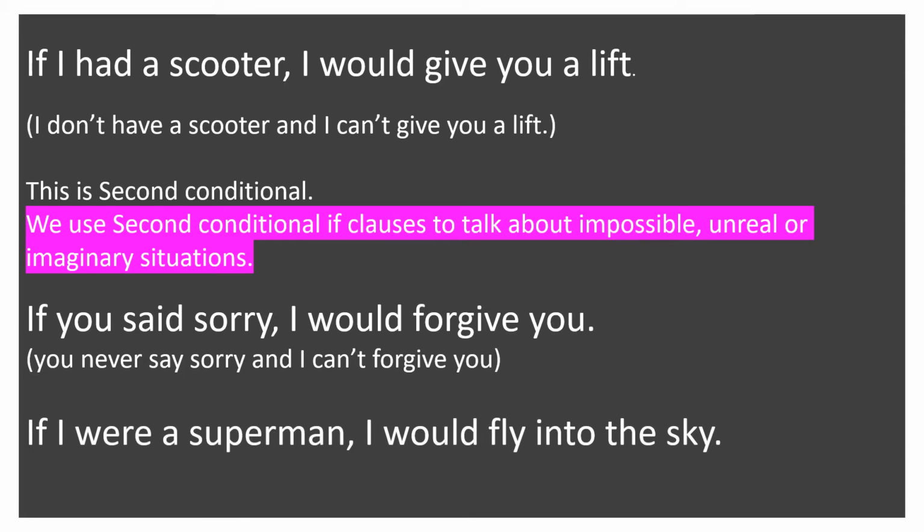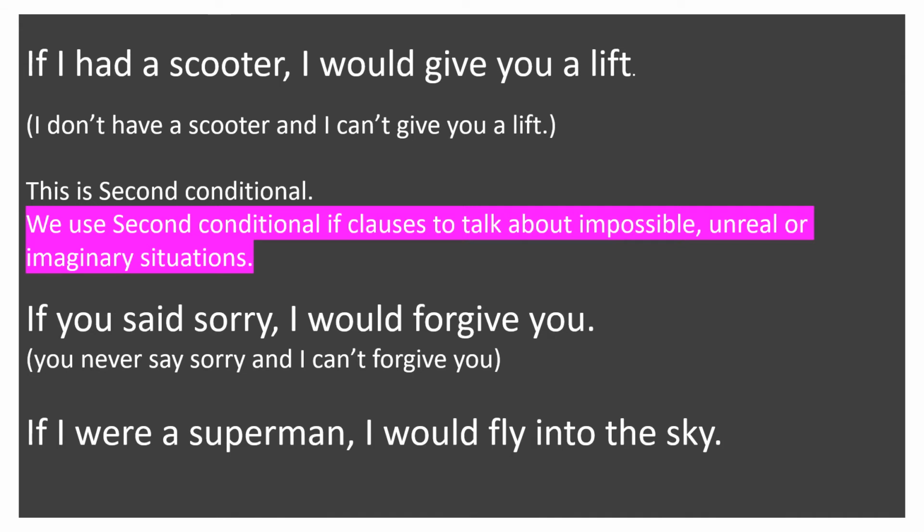If I were a superman, I would fly into the sky. Here, this is also an imaginary situation. Here the speaker is just expressing his wish to be a superman. If I were a superman, I would fly into the sky. Means I'm not a superman in reality and I'm not going to fly into the sky.